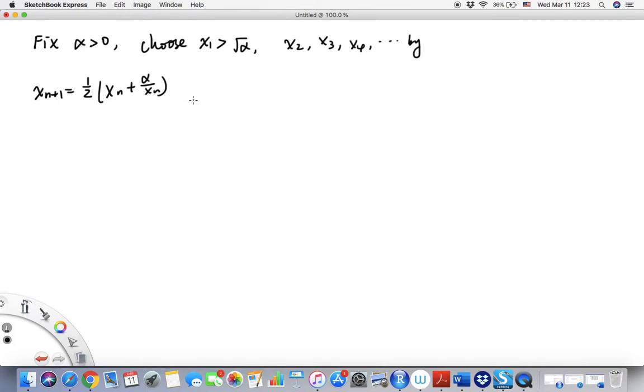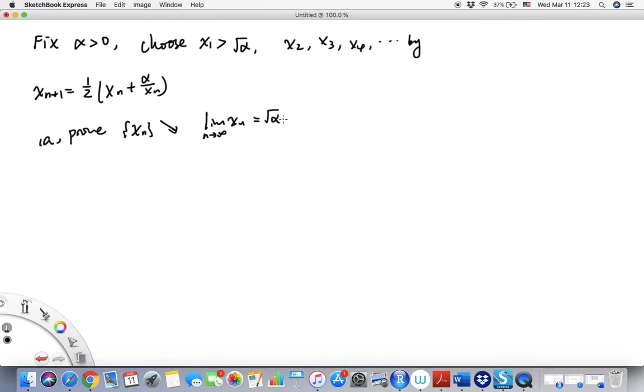Okay, so part A of the problem, prove that the sequence xn is monotonically decreasing, and the limit of xn as n goes to infinity is equal to square root of alpha.